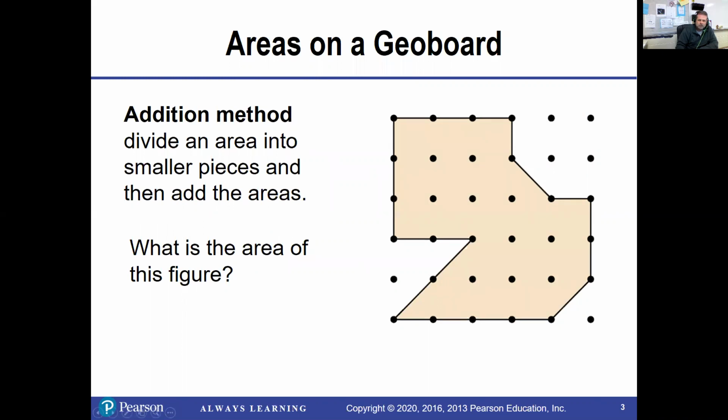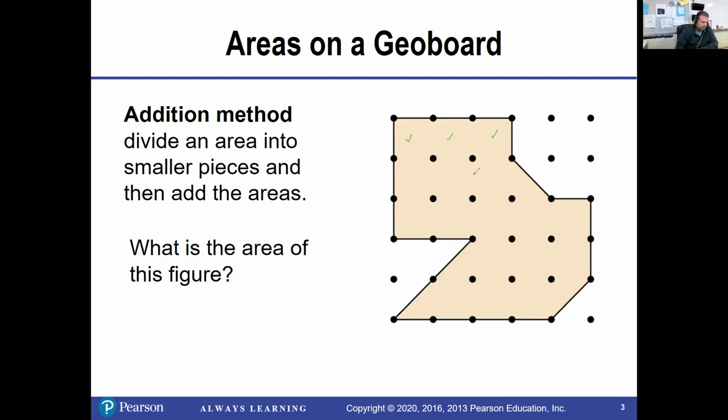As we look at that, let me get into my drawing. Each of these is a 1 by 1 square, so this would have an area of 1, 1, 1. So there's 1, 2, 3, 4, 5, 6, 7, 8, 9, 10, 11, 12, 13, 14, 15, 16, and 17.